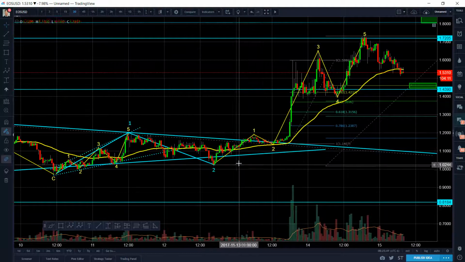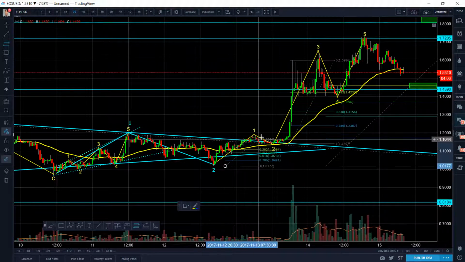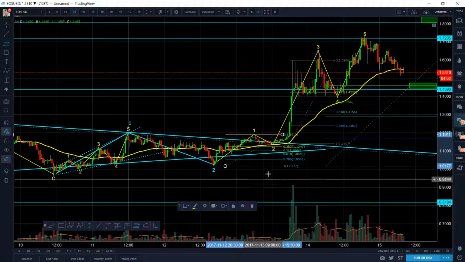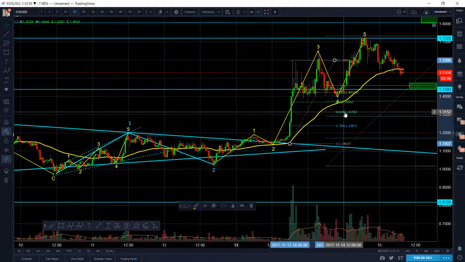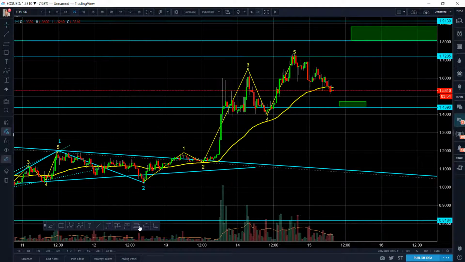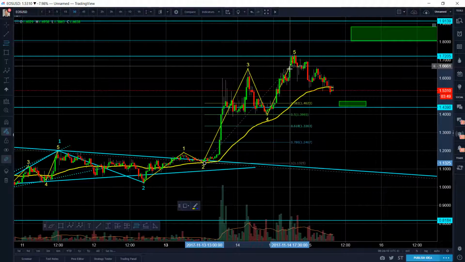There's 5 subwaves in there, which I won't get to. This one here didn't really retrace much. It retraced not even 0.382. So we can expect this one here to retrace much more heavily, and let's see if it does. This one should retrace, I'm guessing, 0.5. And yeah, it does retrace 0.5.